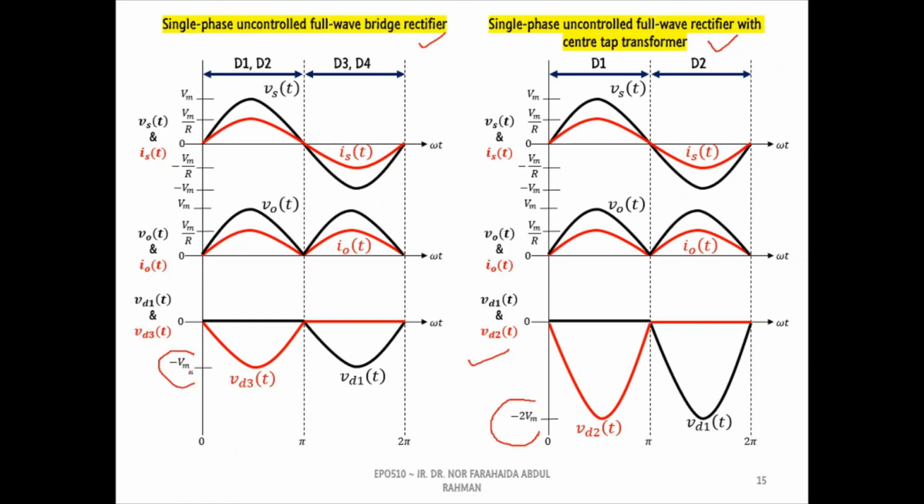Therefore, we need to use diodes with a higher voltage rating for the split supply rectifier than the bridge rectifier. Because of that, a single-phase, uncontrolled, full-wave bridge rectifier is more commonly found in real applications.